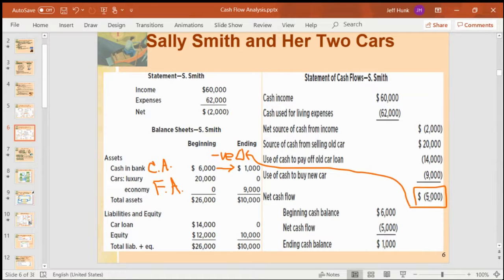So beginning cash balance, net cash flow negative 5,000, ending cash balance 1,000, right? It makes sense, right? So this is the cash flow analysis of Sally Smith.